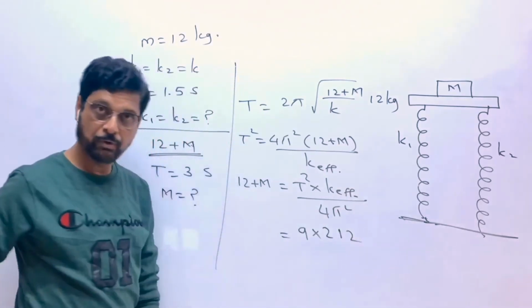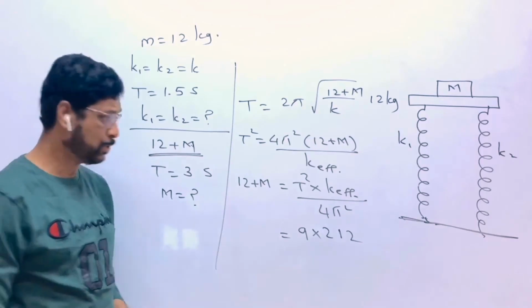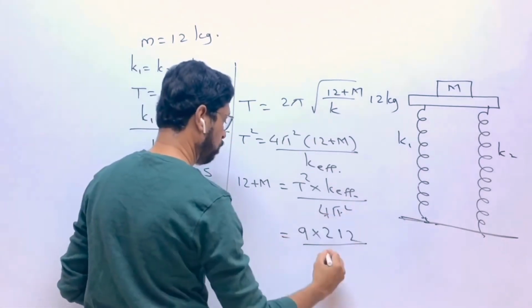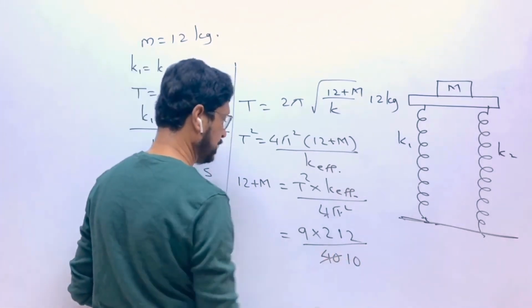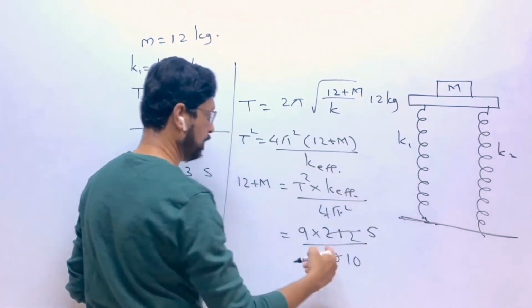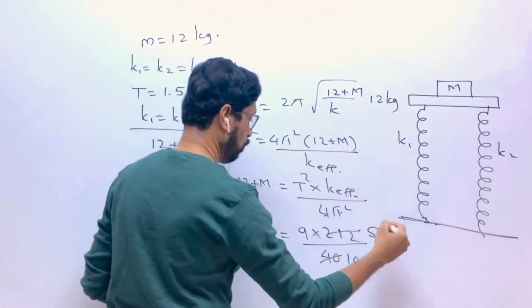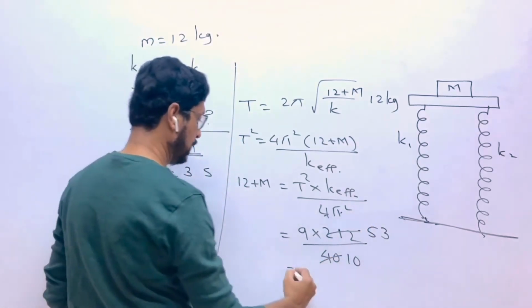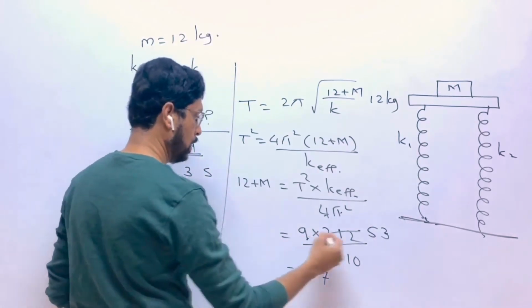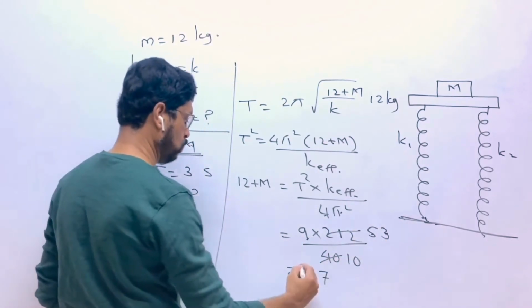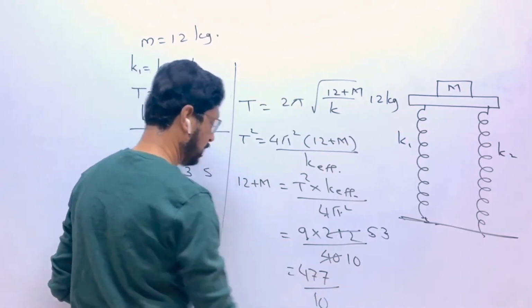You can take, for simplicity's sake, 212 upon 4 pi square, that is 40. So 4 10s are 40, 4 5s are 20, carried 1, 4 3s are 12.